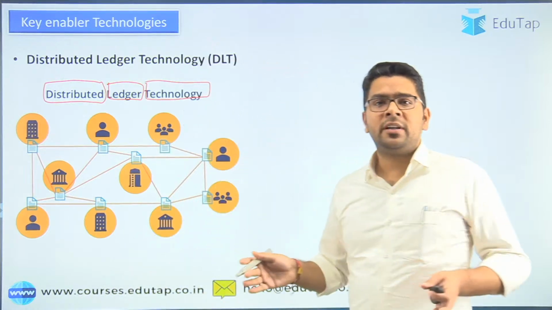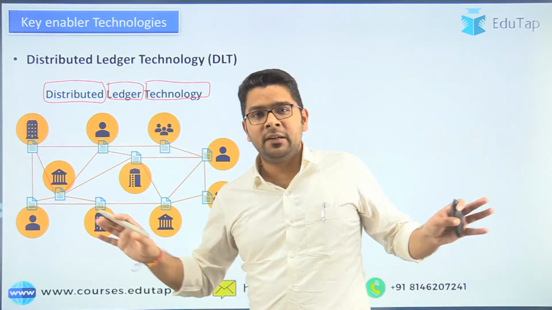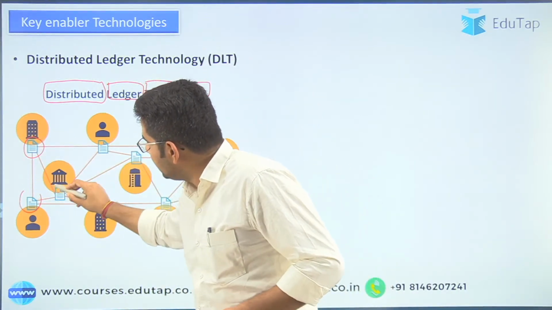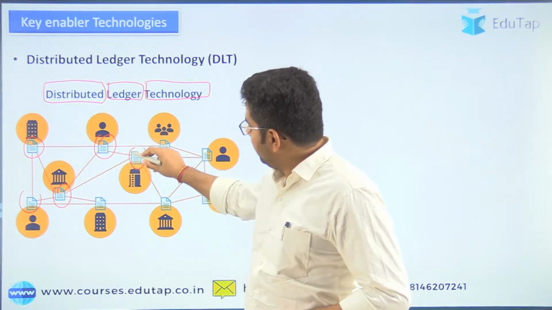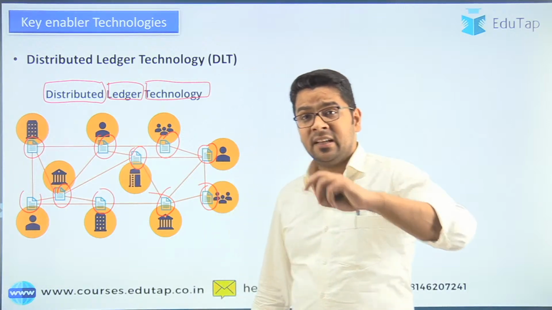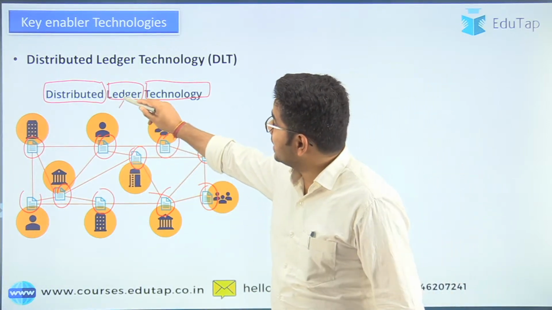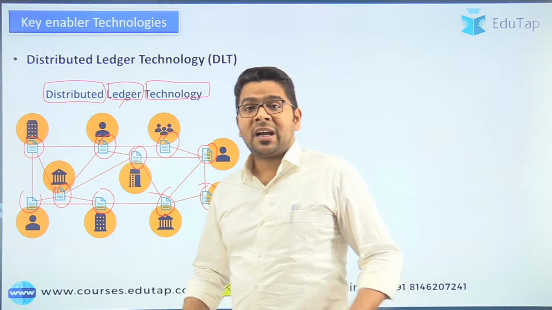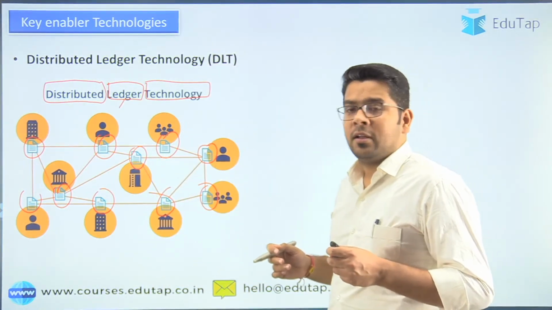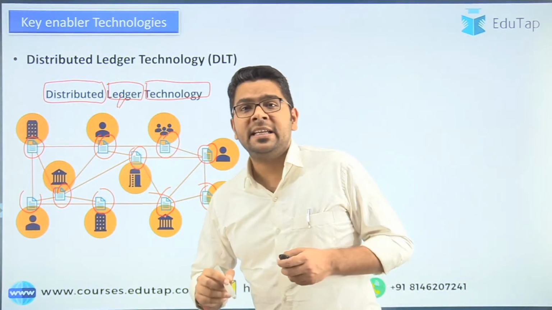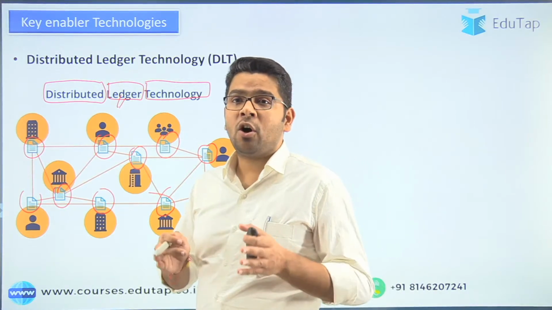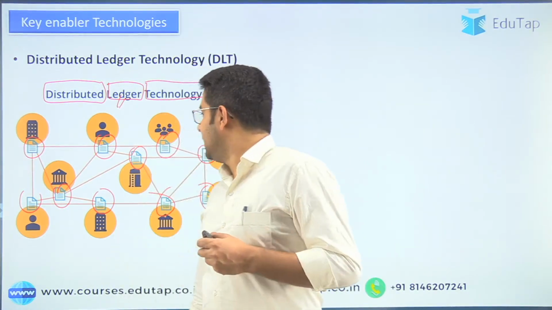First is distributed. I hope you are aware of the term distributed. You can see there is a paper distributed all across. The next term is ledger. If any one of you is from an accounts background, you can explain very easily what ledger means. Ledger is basically the recording of your transactions.